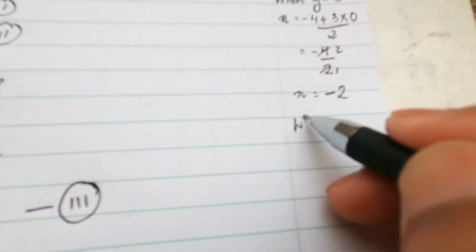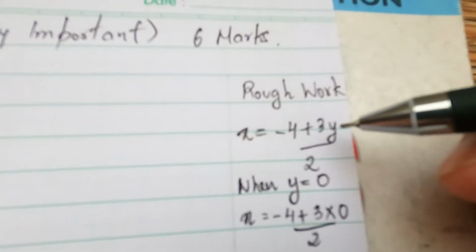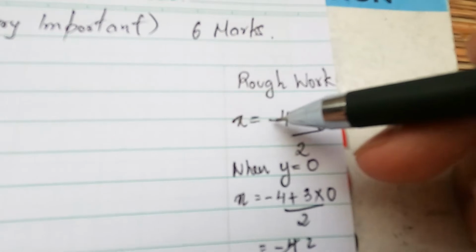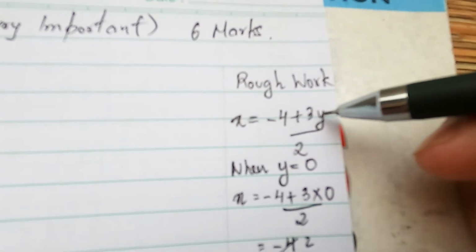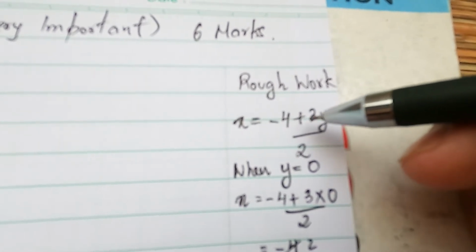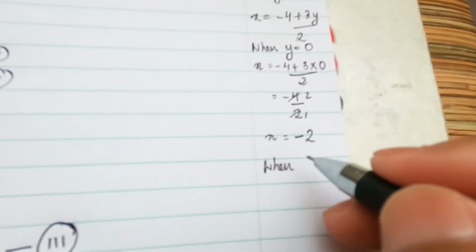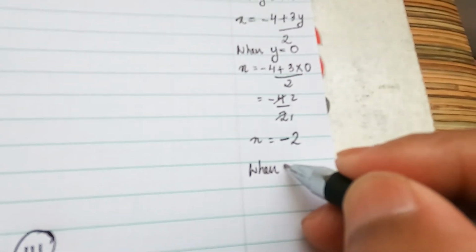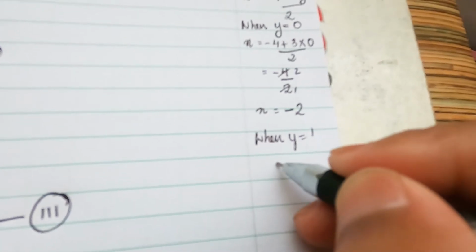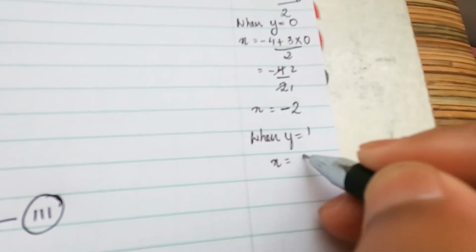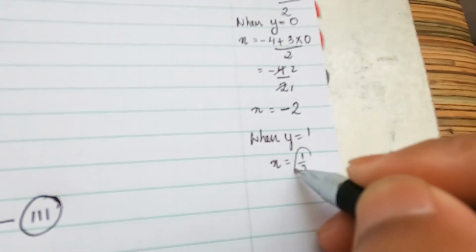All right, here let us try by 1. When we keep 1 here, it will be minus 4 plus 3 into 1, which is 3, so it will be minus 1 by 2. So in this case, when y is equal to 1, the value of x we are getting is 1 by 2, which is an index or a fraction.